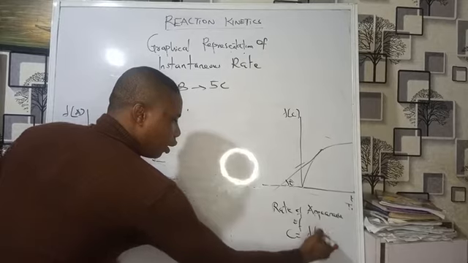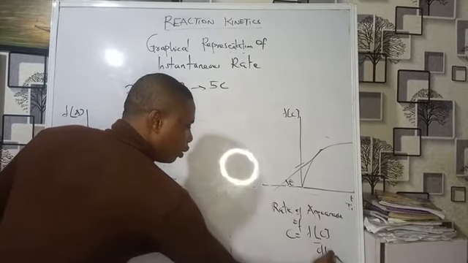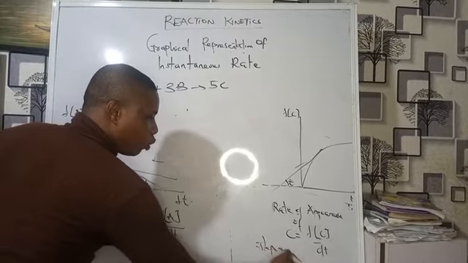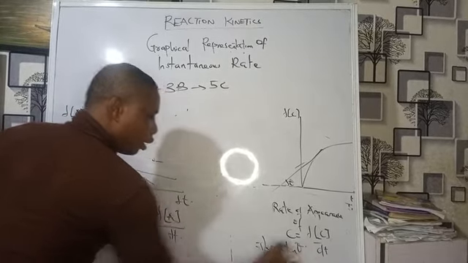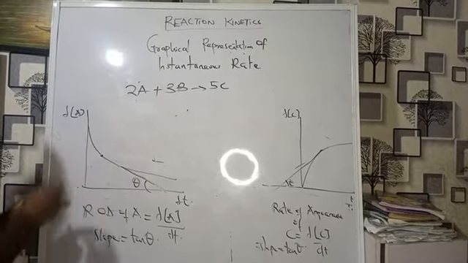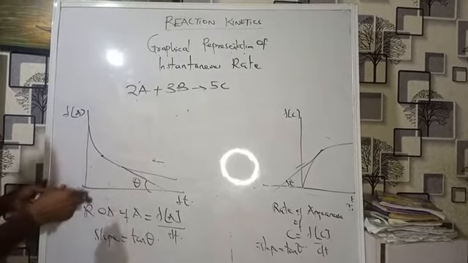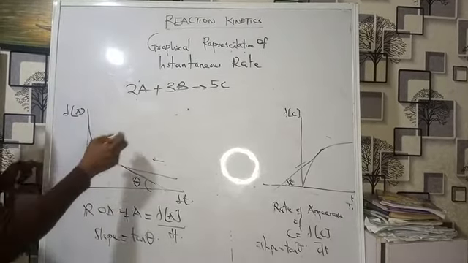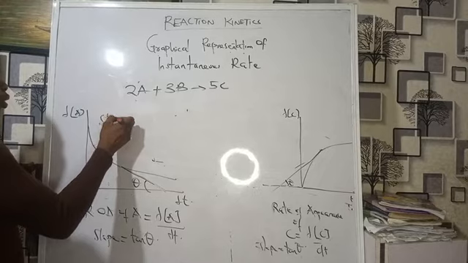It's also what? The d[C] over what? The dt. Which also equals what? The slope, which is equals to also what? Tan theta. Hope you can see it. So now the rate of disappearance of A is what? The slope here is equal to what?